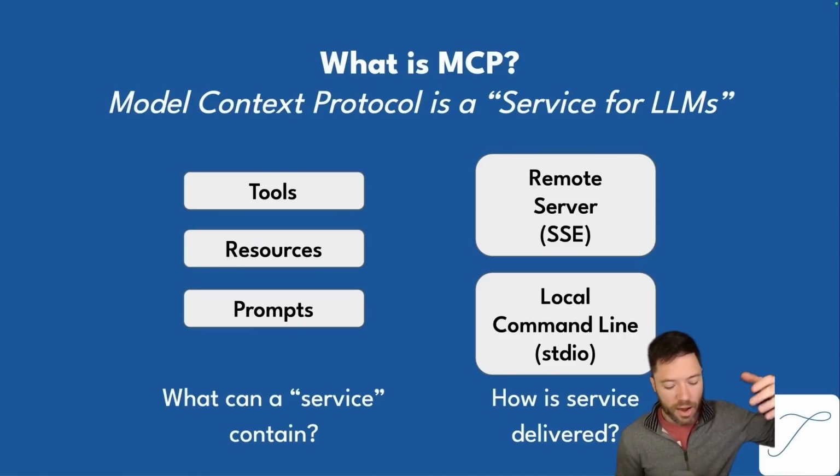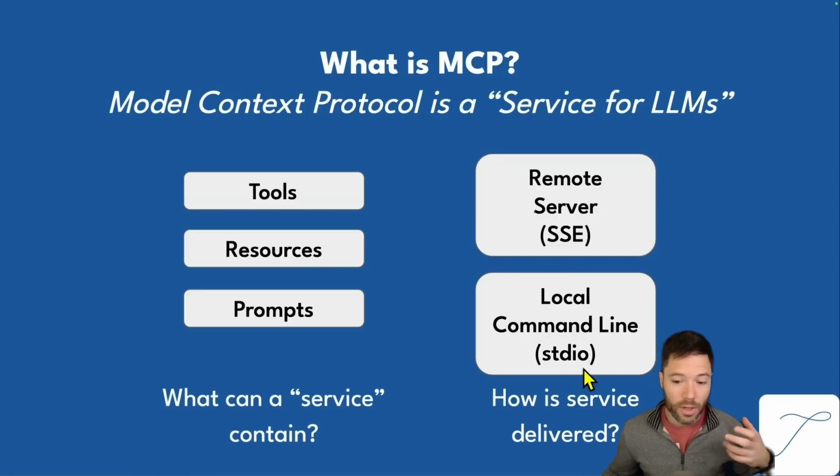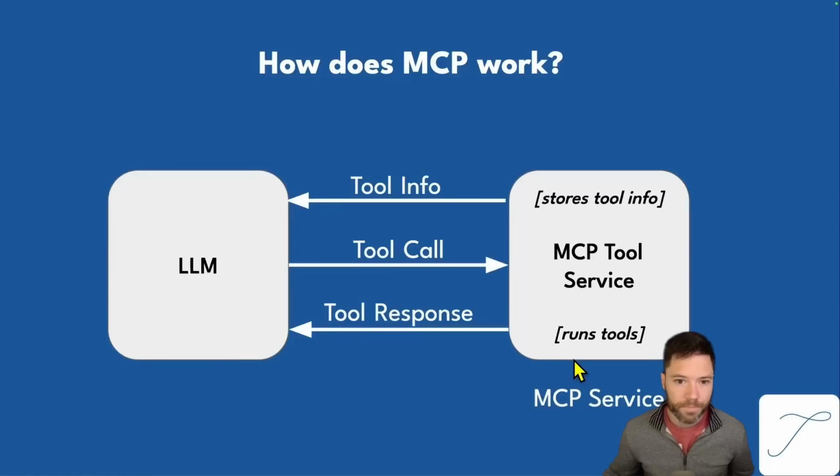So you could think about having it on somebody else's computer or a computer you rent and interacting with that in a server client way. So MCP can be run either in a server way, which is through server sent events, or it can be run generally locally through basically the command line, which is standard in out.